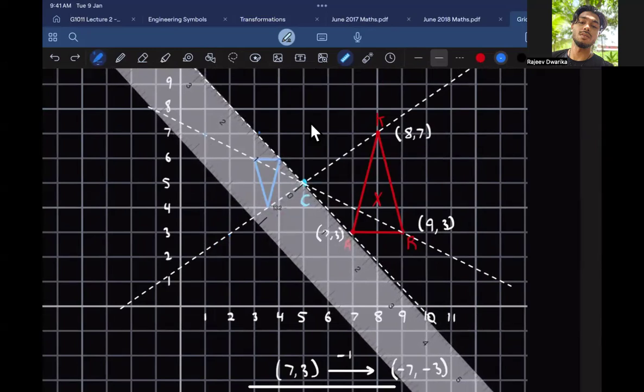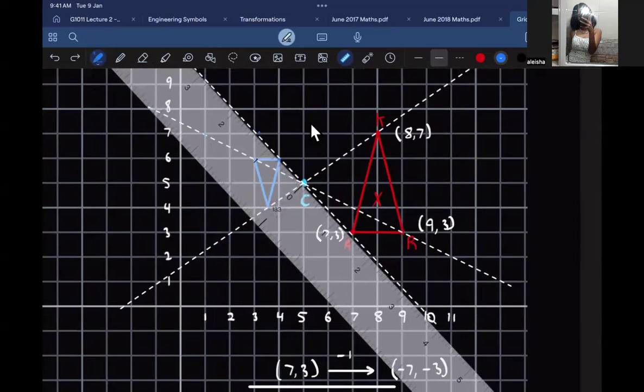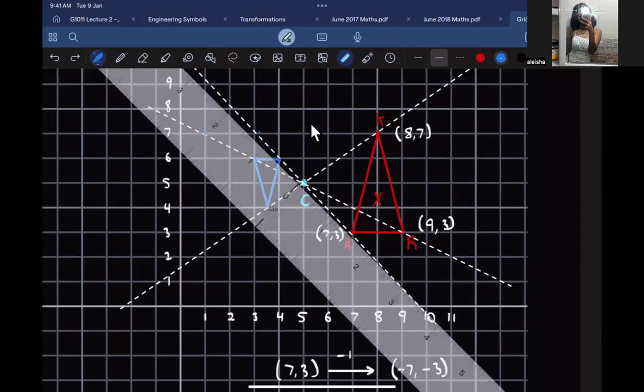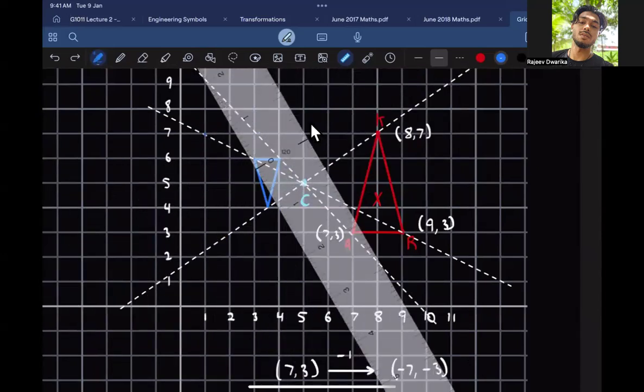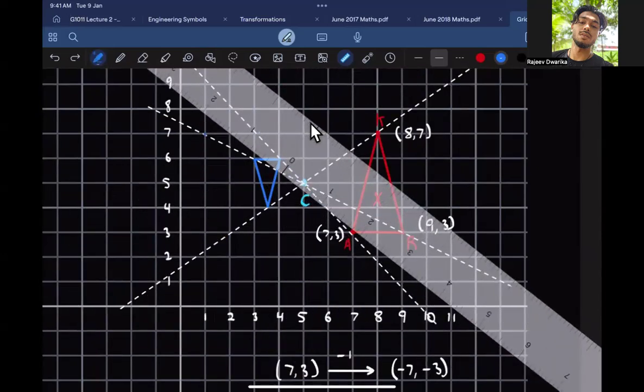Half of 1.4 is 0.7. Correct. So what we would do now, instead of measuring 1.4 exactly on the other end, is measure half of that.